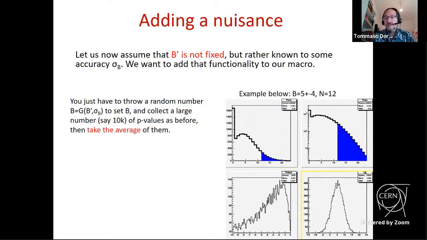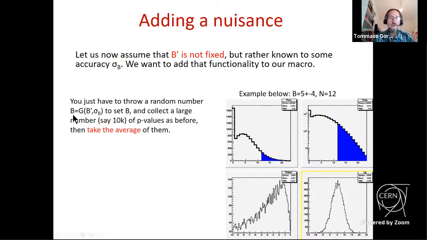And what do you do with this set? Well, you can take the median of this distribution, or the mean, and that is the mean p-value that you expect from observing n or more events when the background is b plus or minus sigma b. So this is implementing the uncertainty in your background expectation.